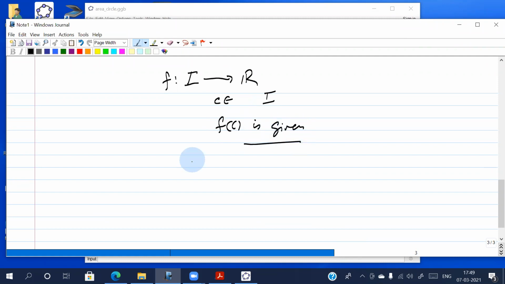But let us ignore it and look at the limit of f(x) as x goes to c. So that is equal to L, say.